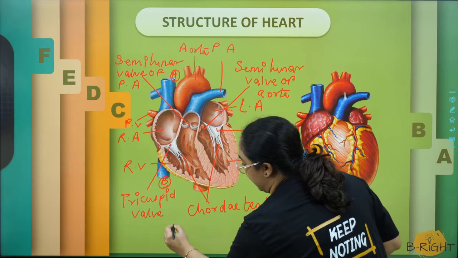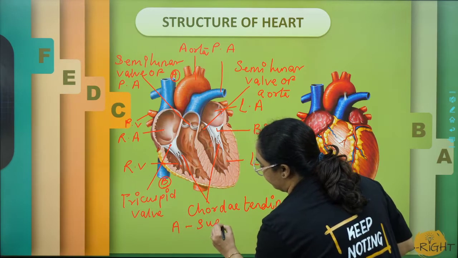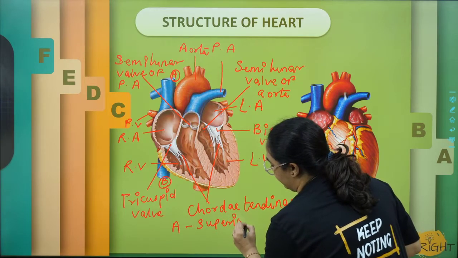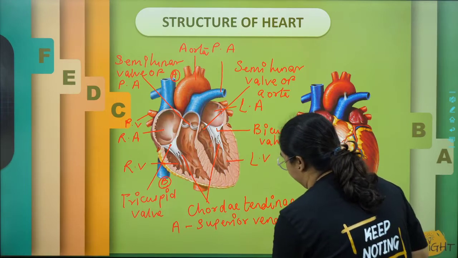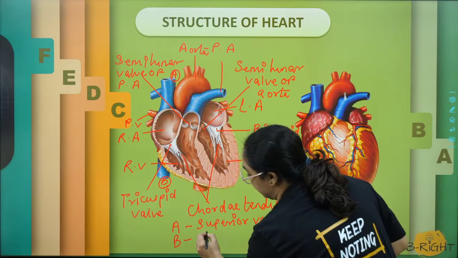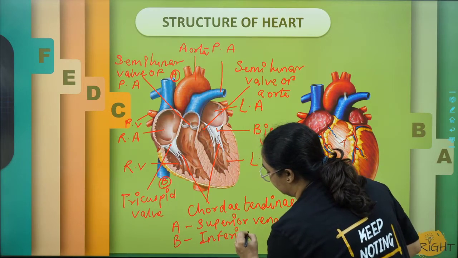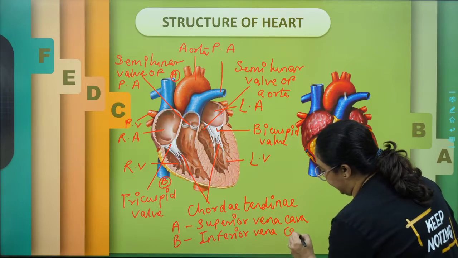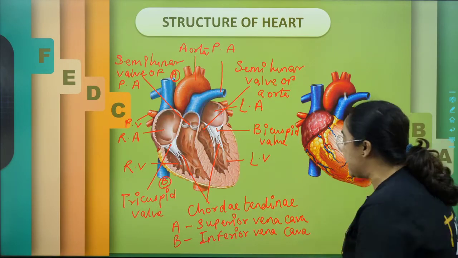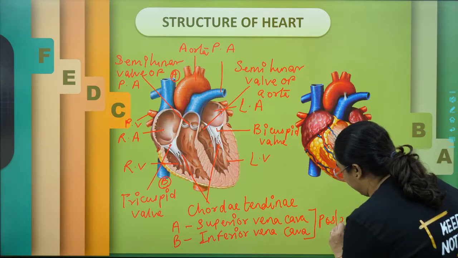So A is superior vena cava and B is inferior vena cava. These two are together called postcaval.